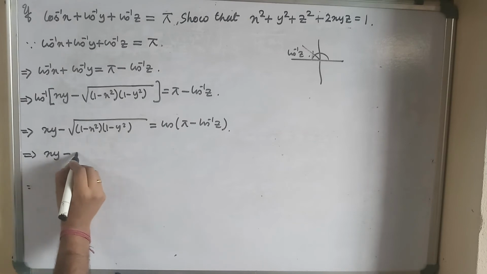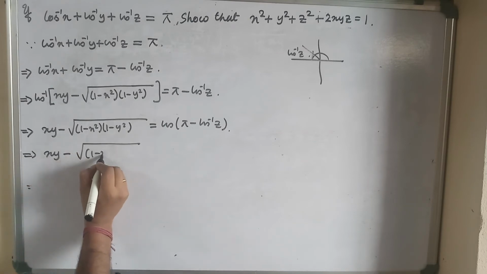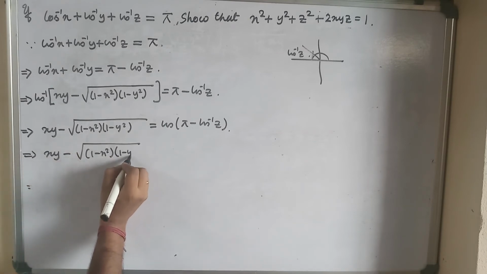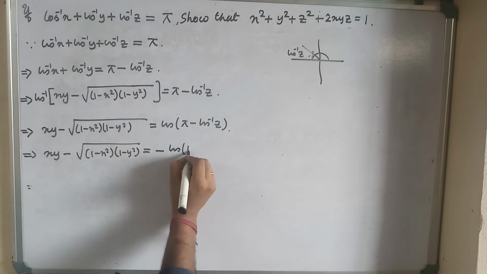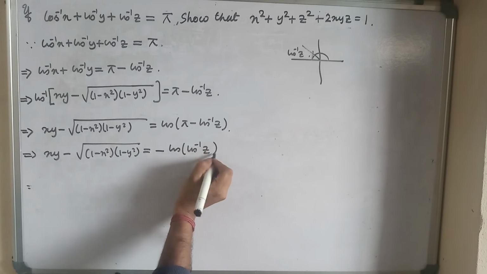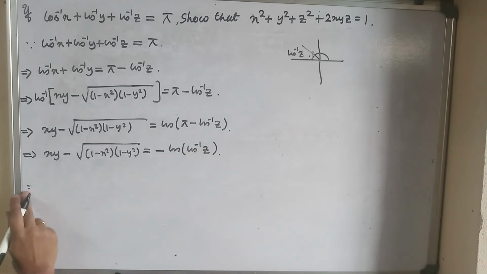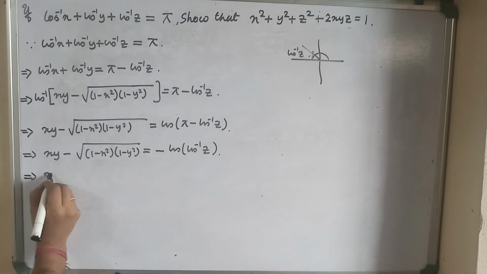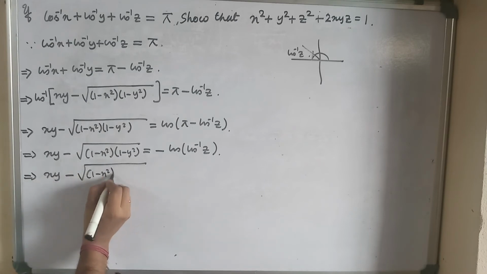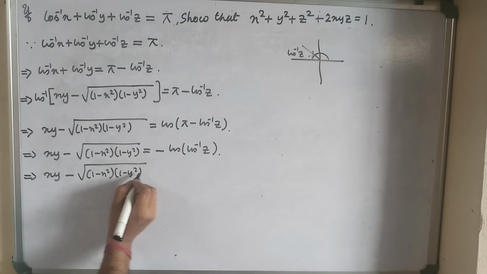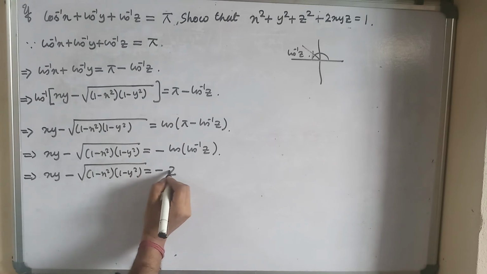So this equals −cos(cos⁻¹z). Cos of cos⁻¹z is z.